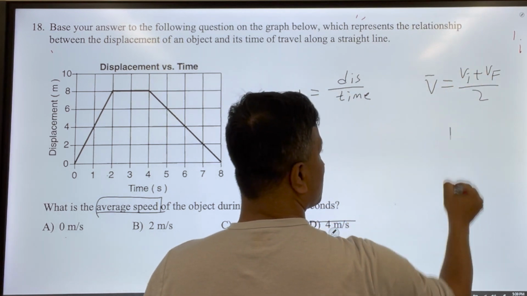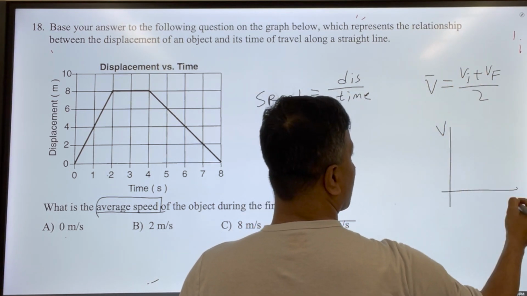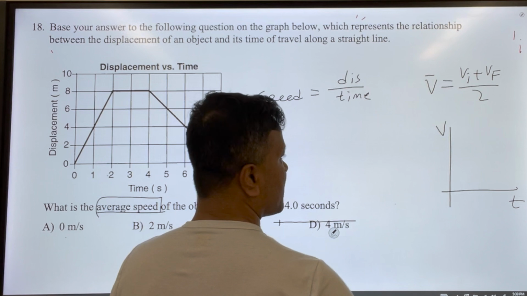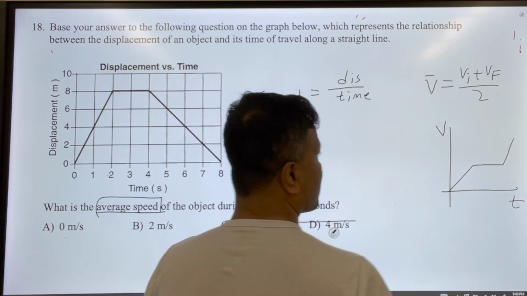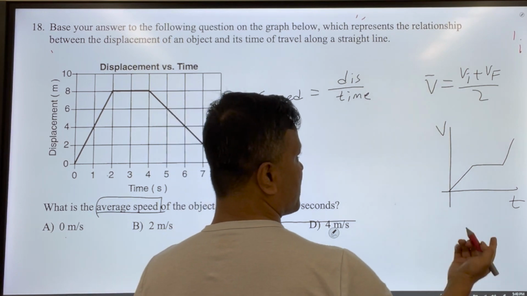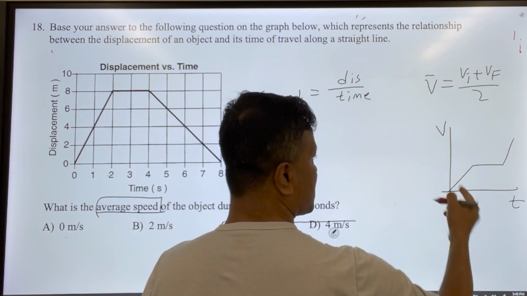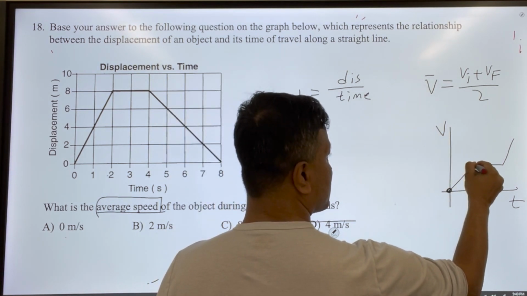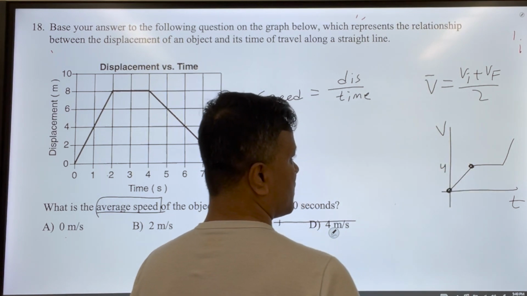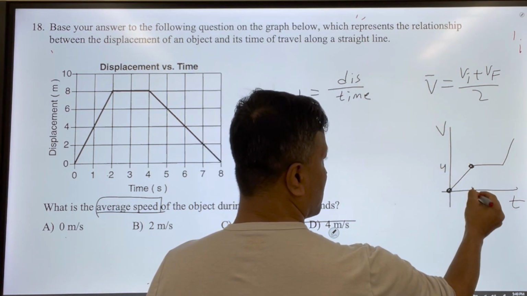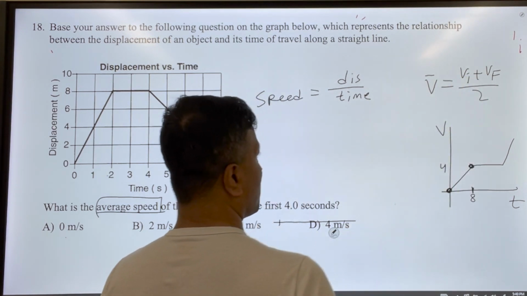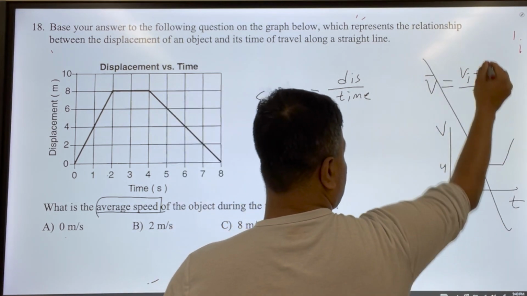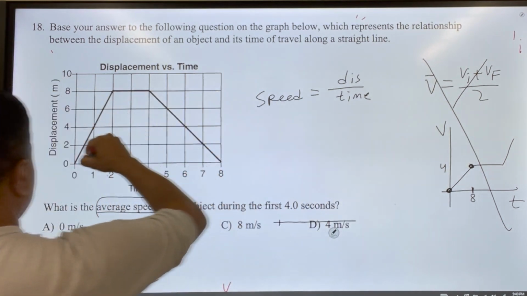You're going to use this only when you have velocity versus time and there is a graph. So you can find the average velocity by this equation here. Average velocity between these two, you can use this formula, okay? But you cannot use this formula for a dt graph.